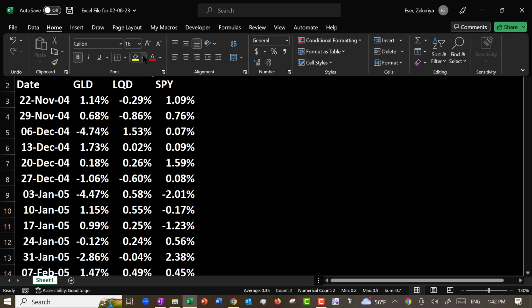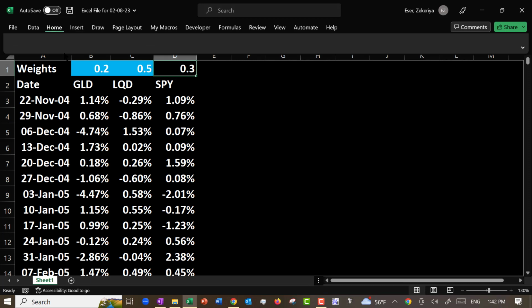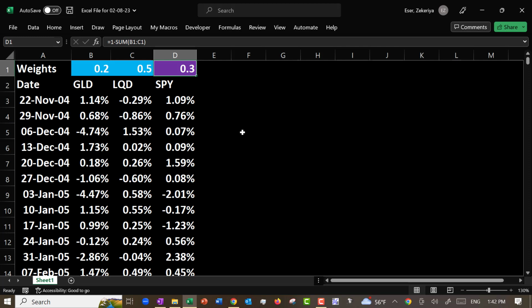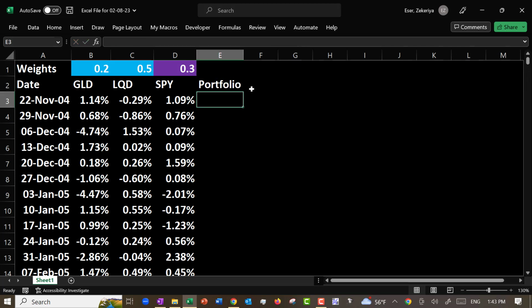Make these blue, purple. Remember, we don't touch purple and reds. So I need to calculate first the portfolio return for each of those dates. Since it's a weighted sum or weighted average, all you have to do is use the SUMPRODUCT function.